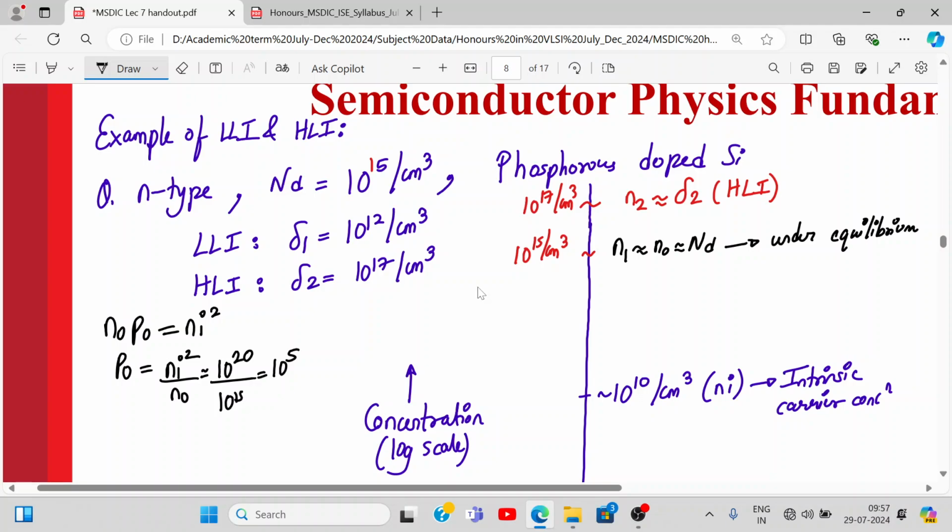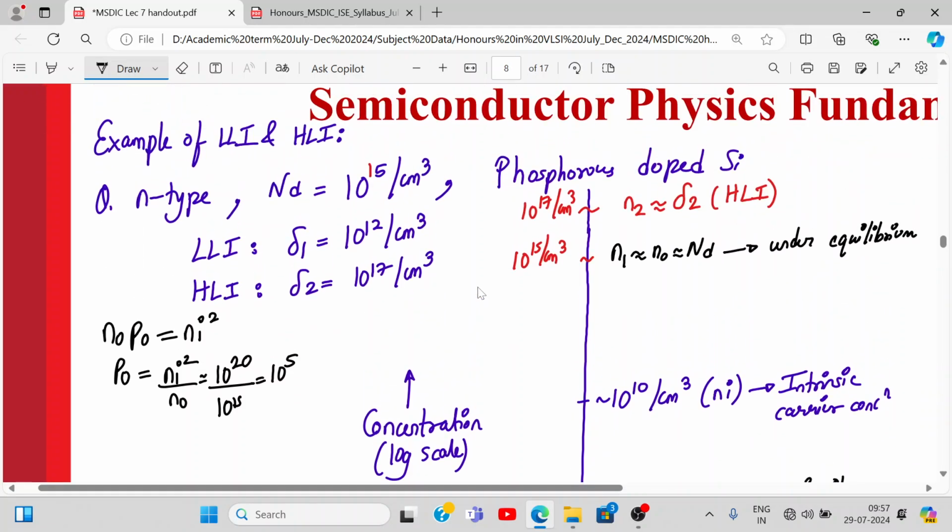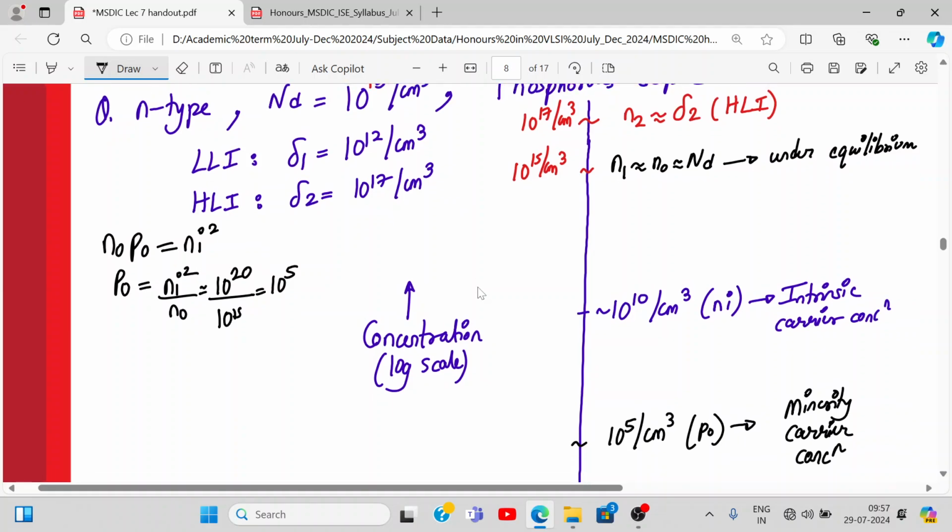Where can you plot this? Somewhere around here. So this is 10 raised to 5 per centimeter cube, and this is P naught, the minority carrier concentration. Understood?